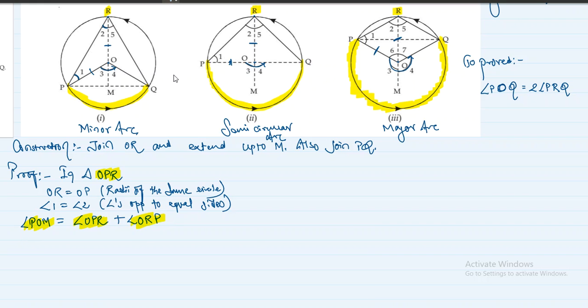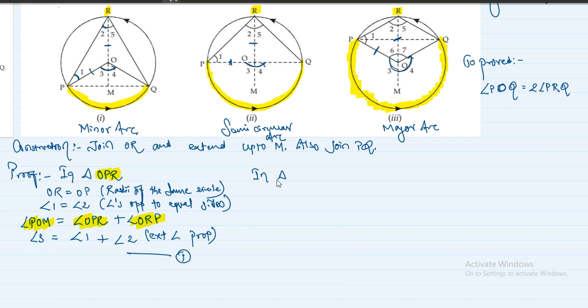Angle POM is angle 3, equal to angle 1 plus angle 2. Why? Exterior angle property. In a triangle, the exterior angle is equal to the sum of the two opposite interior angles. Angle 3 is equal to angle 1 plus angle 2. So this is equation number 1. Okay, next.